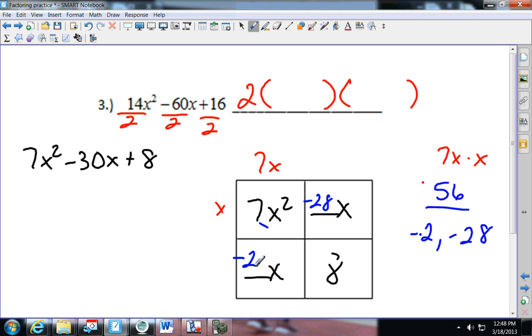Anything? No, that doesn't work. So if I switched it around and I put 7x here and x here, 7 times what is negative 28? Negative 4. X times what is negative 2? Negative 2x. So I have 7x minus 2 and x minus 4.